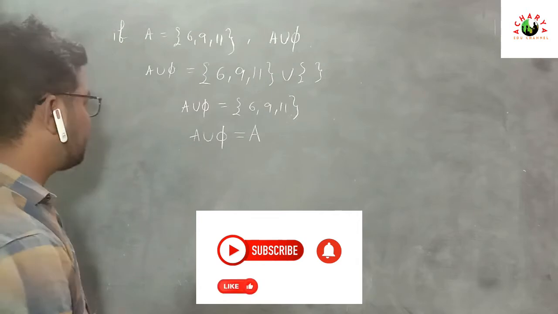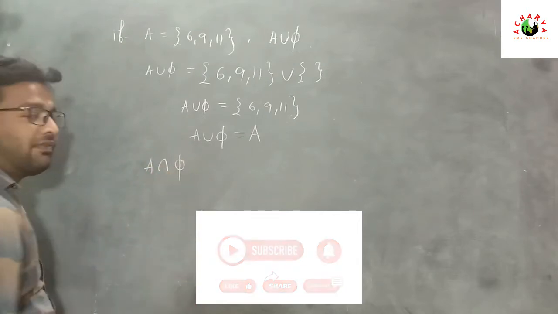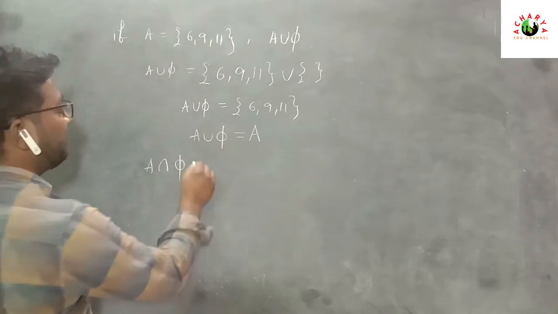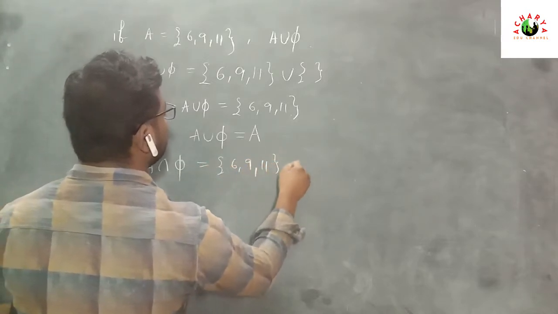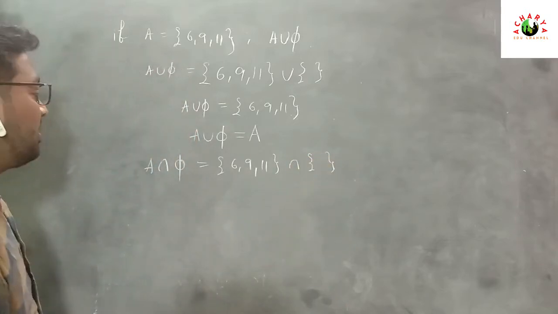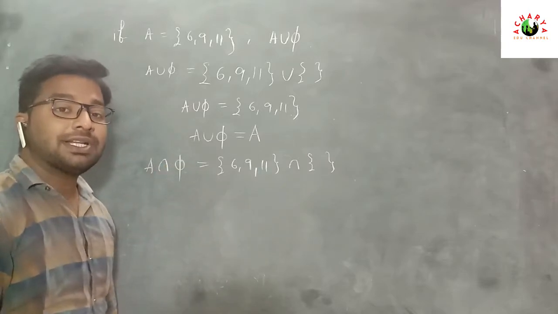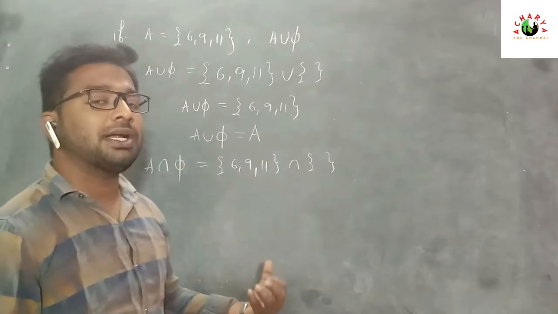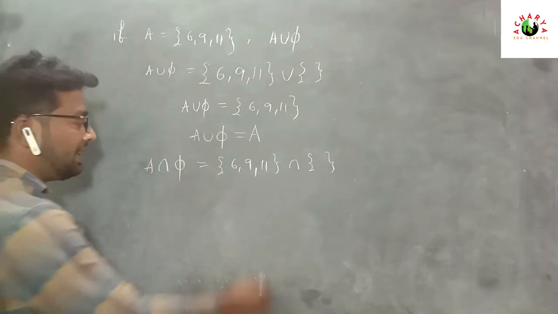Next, let us write A intersection phi. A is equal to {6, 9, 11}, intersection phi, the null set. Intersection means we take the common elements of both. Here, are there any common elements?